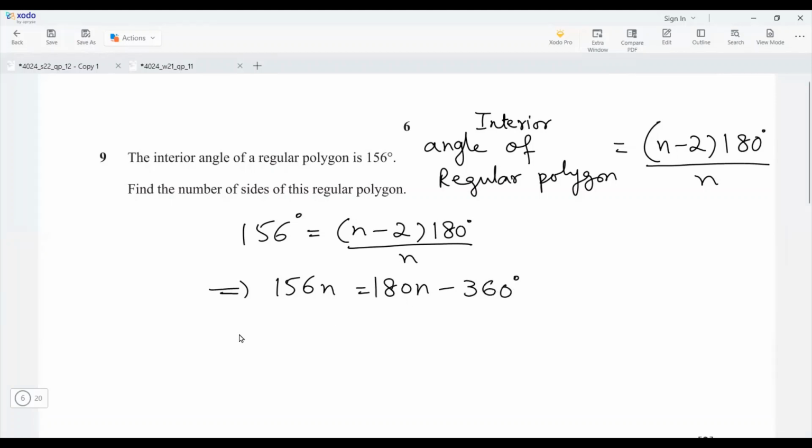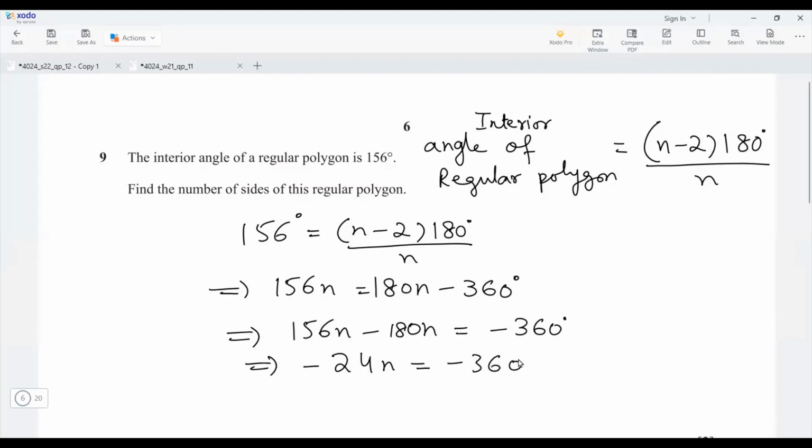Now bringing n onto one side of the equation, 156n minus 180n is equal to negative 360. So 156 minus 180 results in negative 24n, because 180 has a negative sign here. It is equal to negative 360.